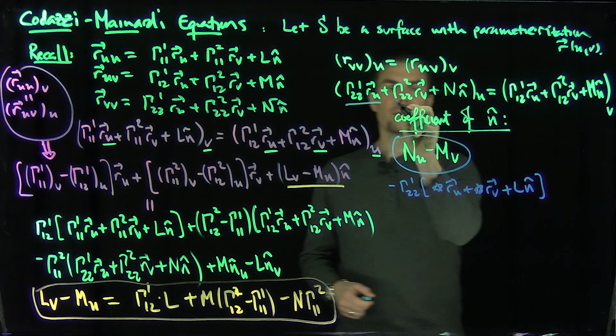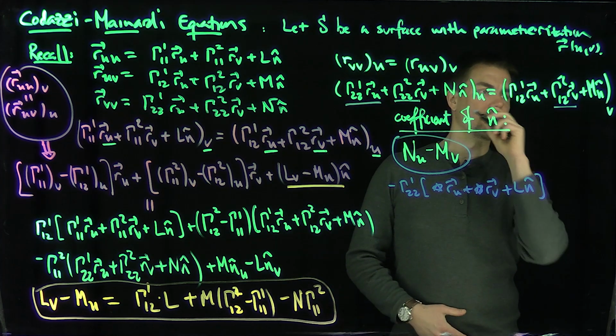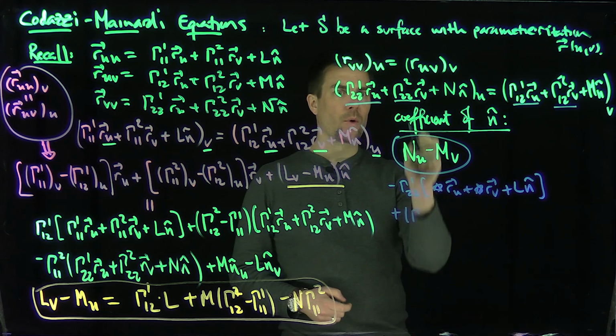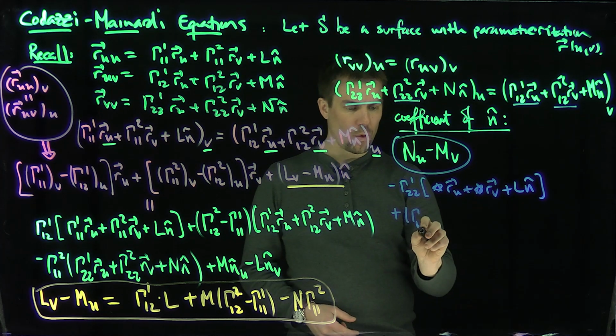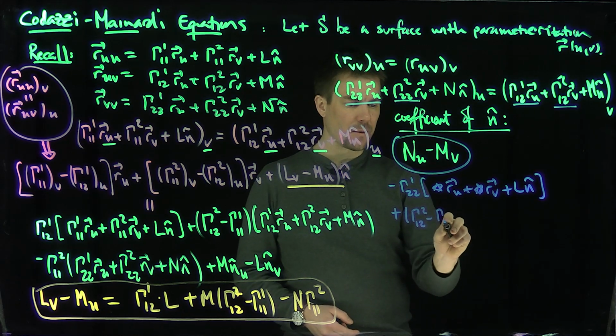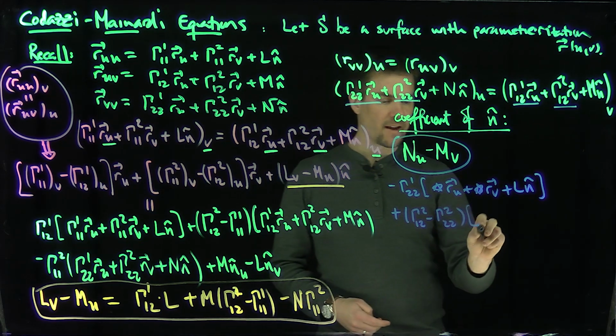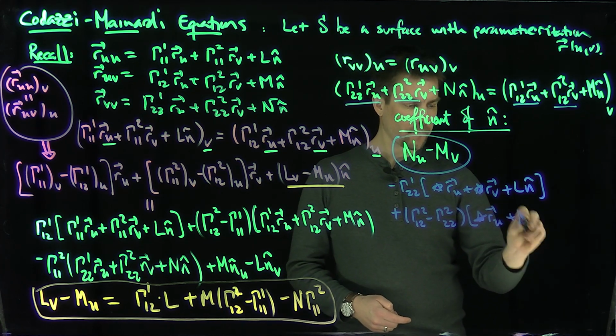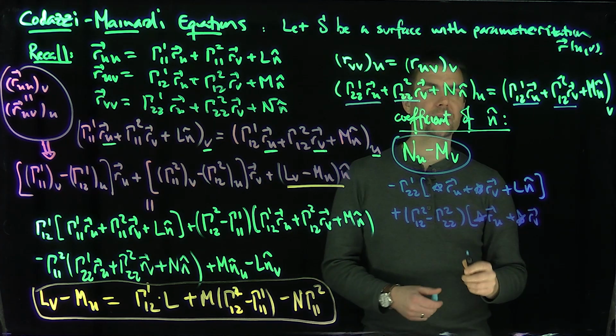Then we also have this term over here with a negative and this term over here with a positive. So it's going to be a plus gamma 1,2 2 minus gamma 2,2 2. And then again, we're going to have something with an RU, something with an RV, and then what?